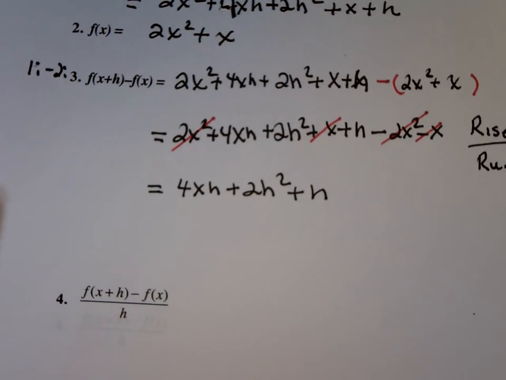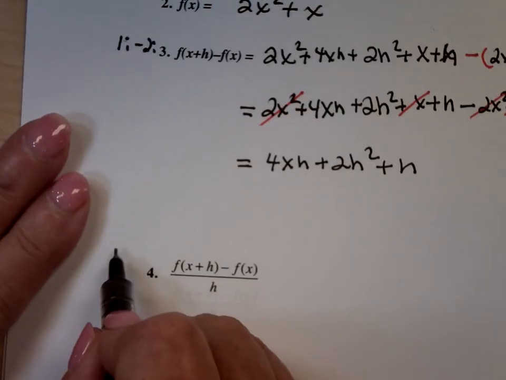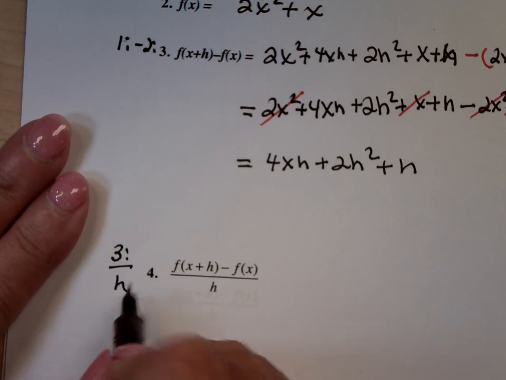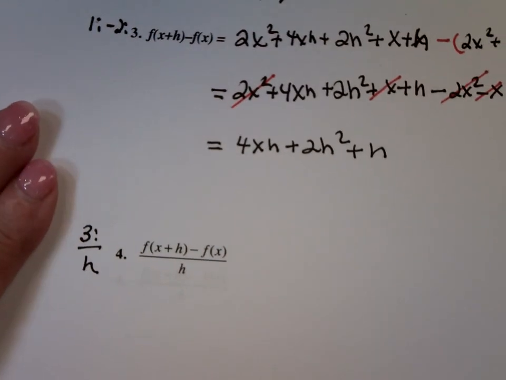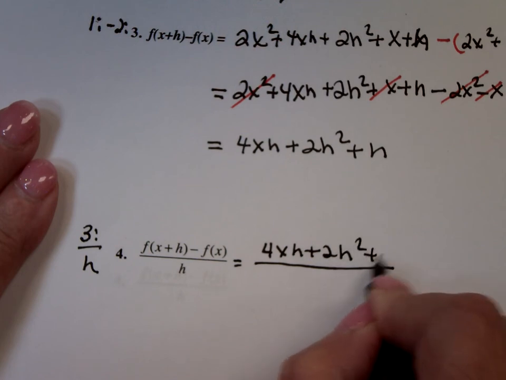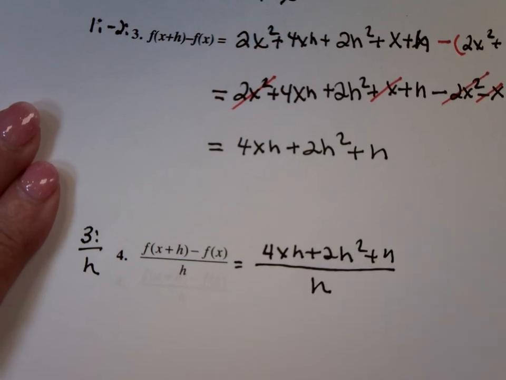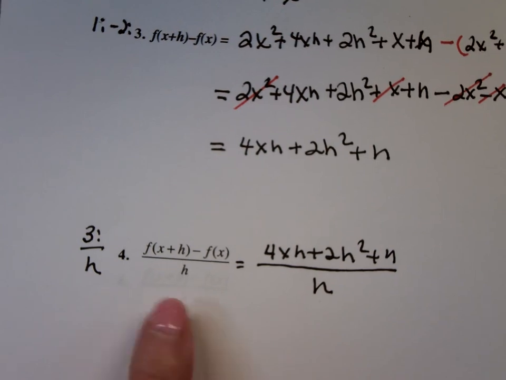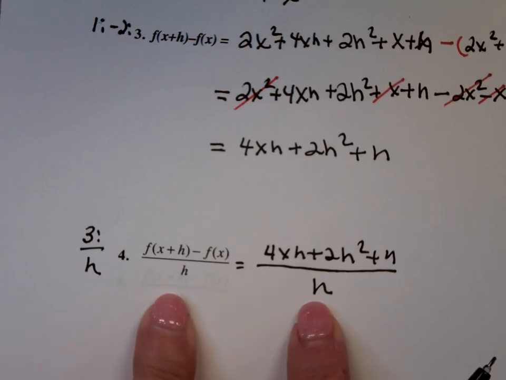So now that says take what you got in step 3 and divide that by h. So that's 4xh plus 2h squared plus h, divided by h. Now if I've done this correctly, the h in this denominator needs to go away. Now you're going to say, well, why? Because in Chapter 2, I'm going to set h equal to 0. And if I were to set h equal to 0 here, what would I be dividing by? 0.